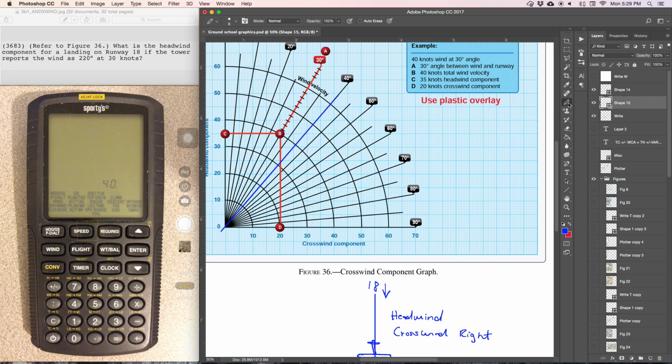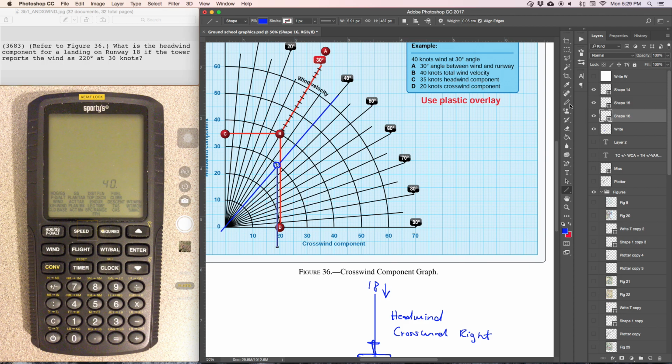Then we're going to look at the strength of the wind, and that's 30 knots. So here's 10 knots, 20 knots, 30 knots intercepts our 40-degree line about right here. Then we're going to draw lines horizontal and vertical to get the crosswind and headwind component information.